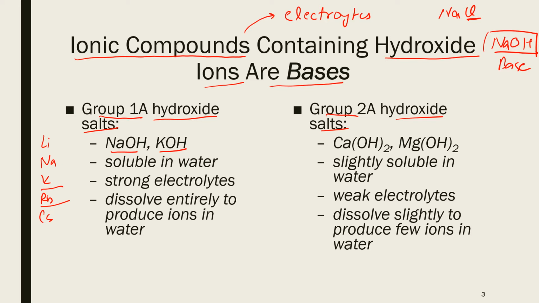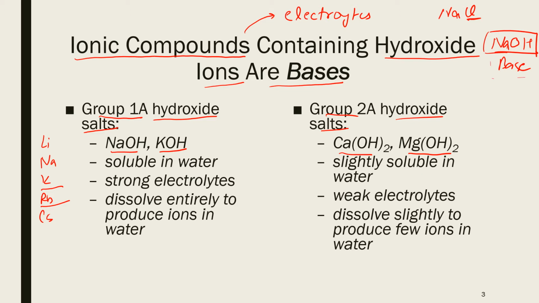Similarly, group 2A hydroxides such as calcium hydroxide and magnesium hydroxide are also bases. Remember, because they are ionic compounds, they are also electrolytes. So we can say that all ionic bases are also electrolytes.